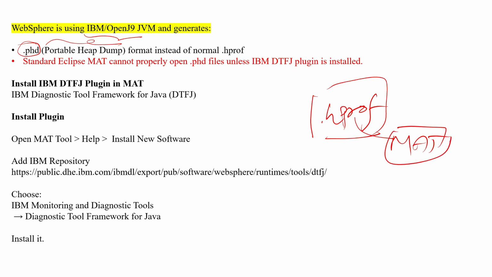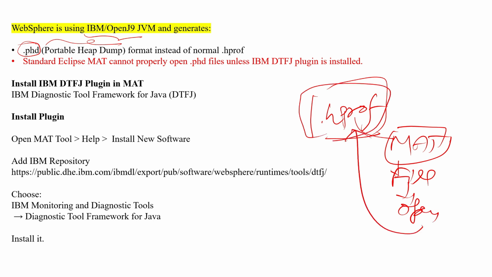So in Eclipse MAT, inside the File option we have Open, and when you open the heap dump file, if it is a .hprof, the MAT tool understands this file and can open the heap dump. But in WebSphere, the heap dump extension is .phd, portable heap dump.